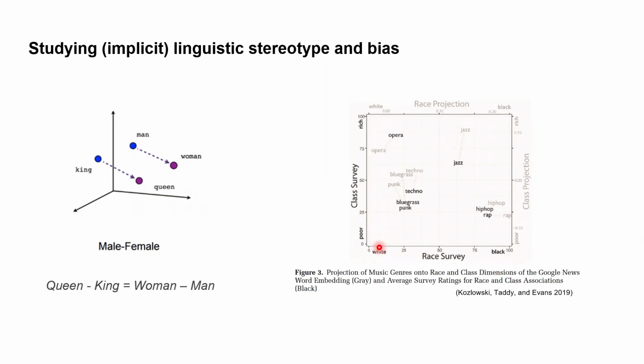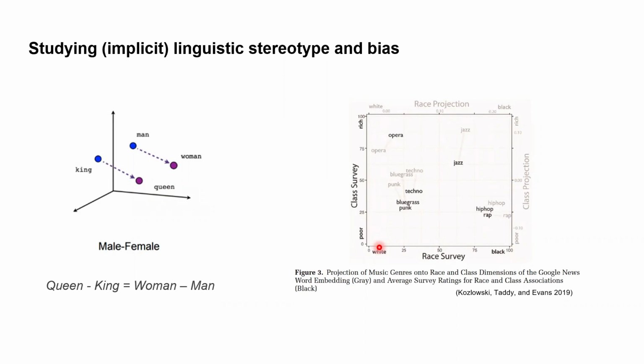Here we can also visualize. We can have several dimensions: a race survey and also a class survey, this race projection, and here is the class projection. These produce all those words about music on these different dimensions. Like opera is on this side, rich and white.